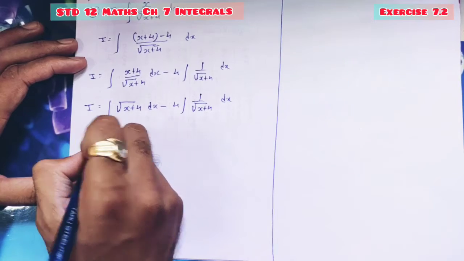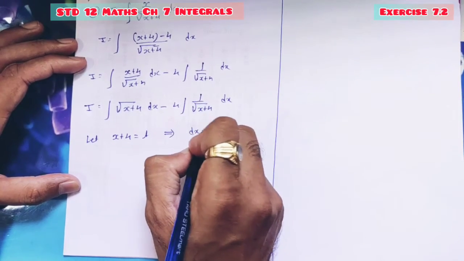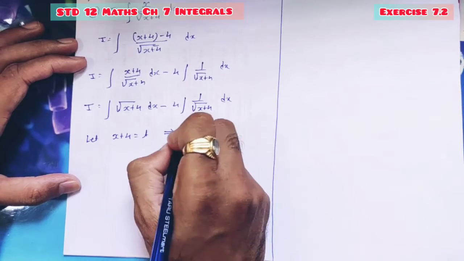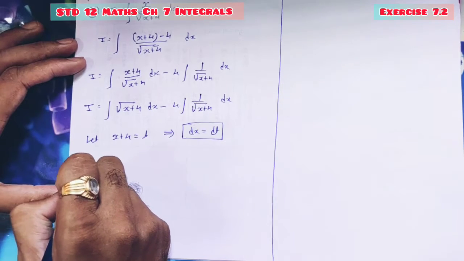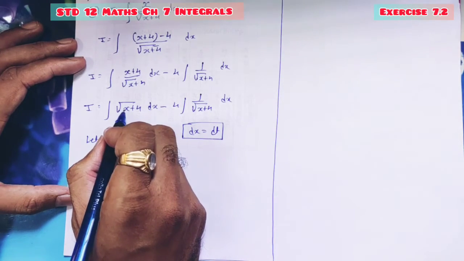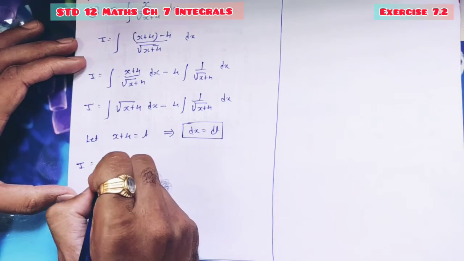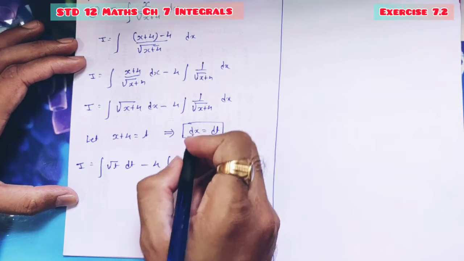That is our substitution. So take x plus 4 as a t. We are getting dx equal to dt. So now I equal to, this is root x plus 4. So it's a root t dt minus 4 into 1 upon root t dt.